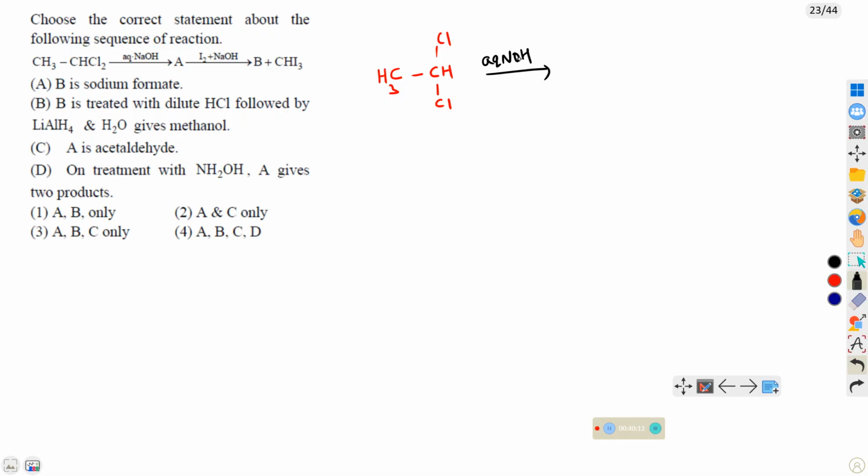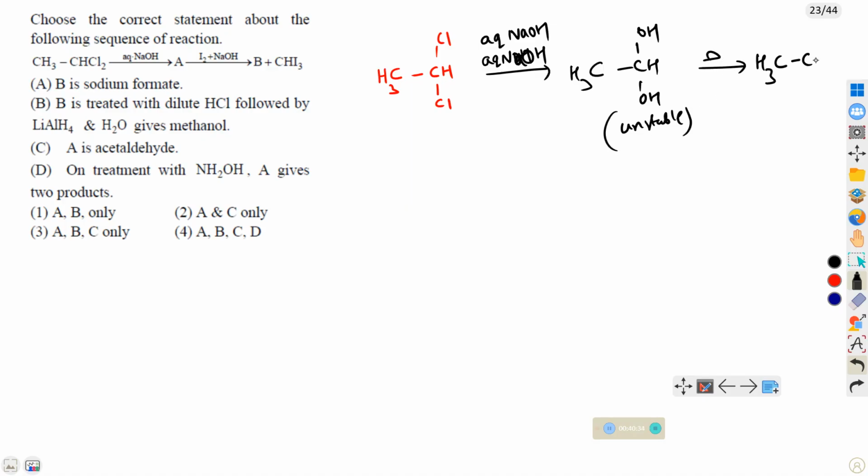Two chlorine atoms are there, so take 2 moles of aqueous NaOH. Then it gives CH3CH(OH)(OH), a gem diol, unstable. So on further heating, it gives the aldehyde CH3CH=O.